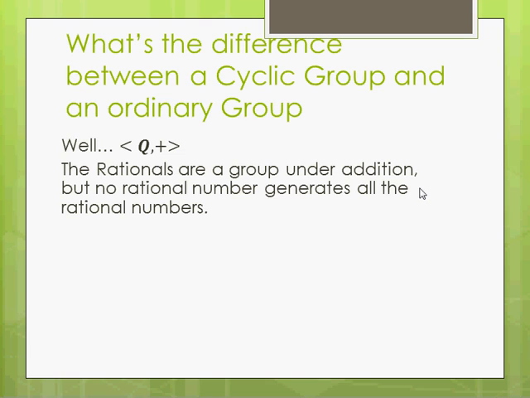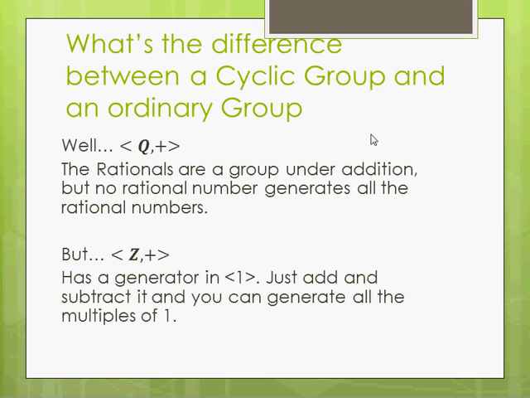If you add another 1, you get 2. You're missing all those fractions between 1 and 2. However, the integers with addition, you can generate those with 1. You add and subtract 1 enough times, and you're going to get every integer. So the integers under addition is a cyclic group, and the rationals under addition is just a group.